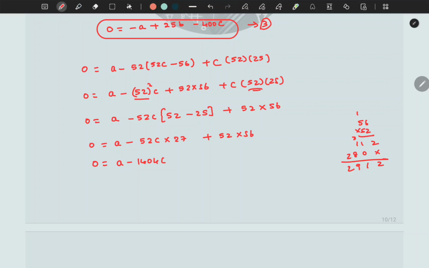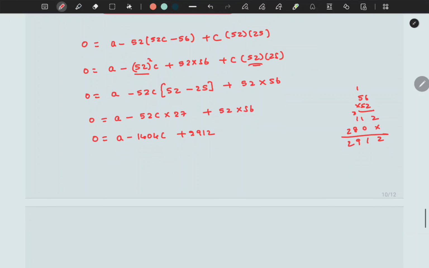So we have 2912 here. So we get a is equal to this. Now we can say a is equal to 1404c minus 2912.